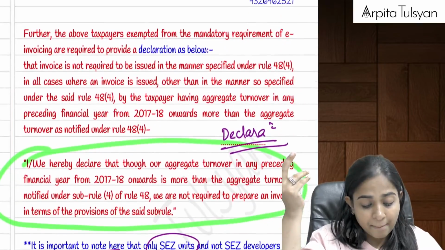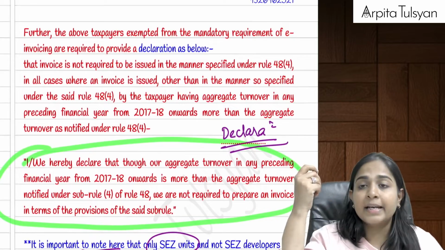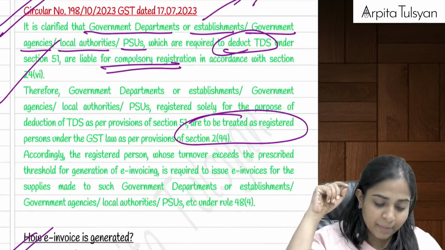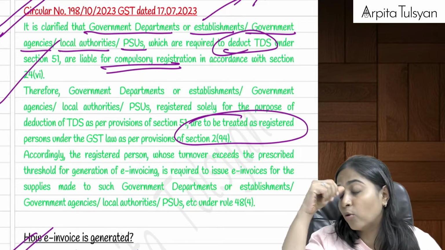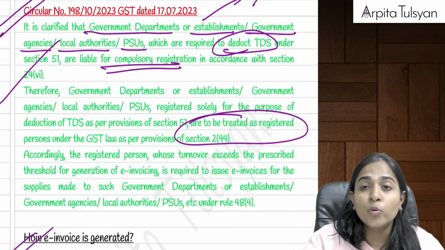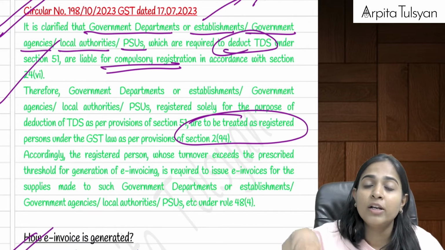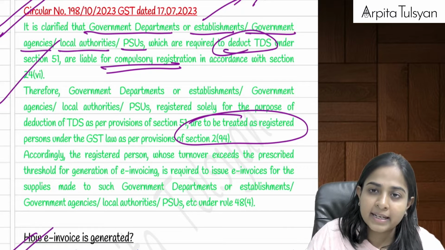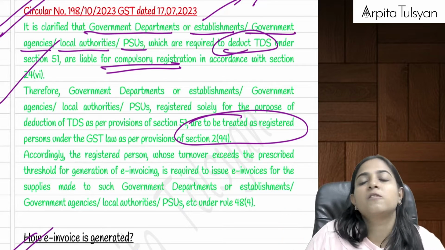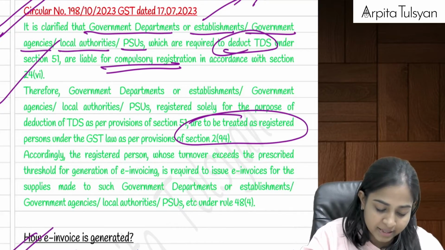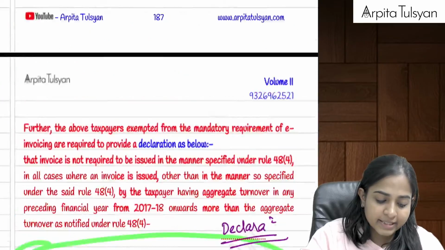But let's say there is a government entity, a government department, local authority, government PSUs, government agencies, etc., who registered themselves under GST only for the purpose of deducting TDS. So they were liable for compulsory registration. Even they will be responsible for e-invoicing if that aggregate threshold limit of 5 crore rupees is exceeded. Are you understanding this? Yes.